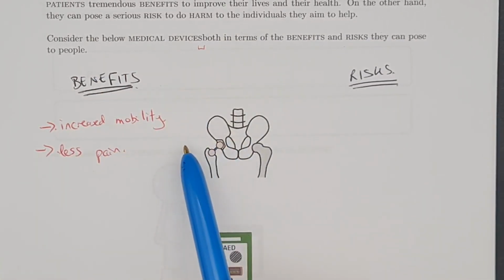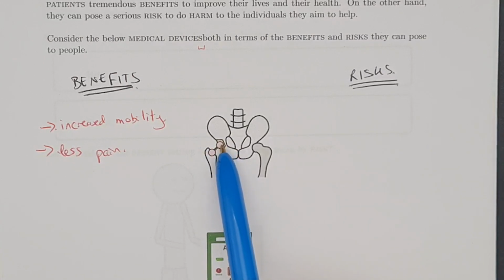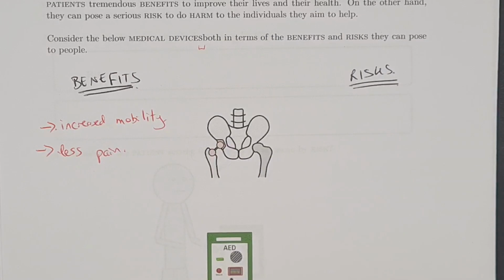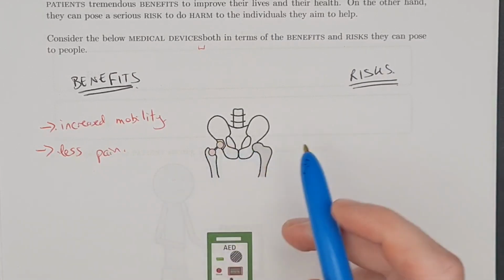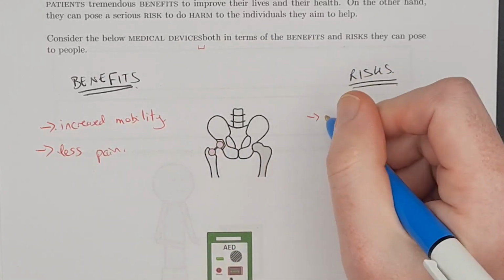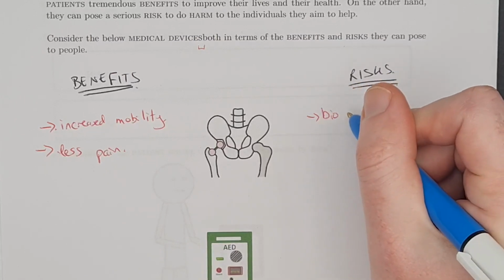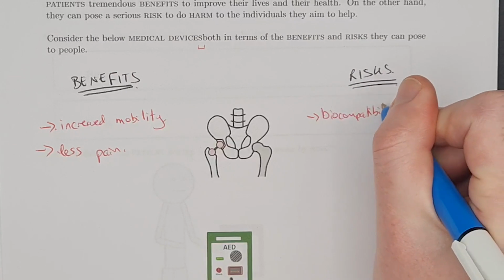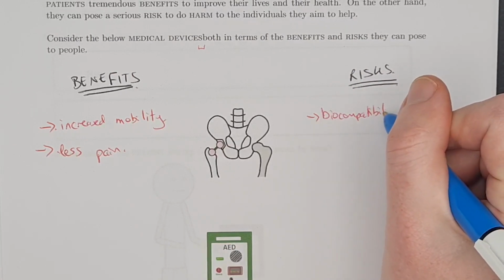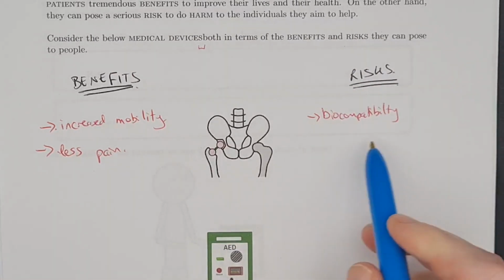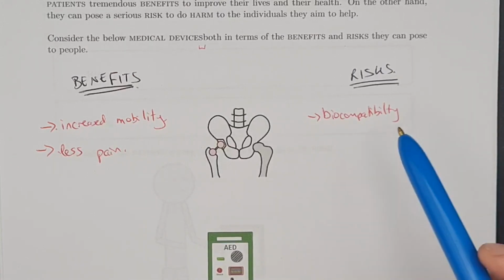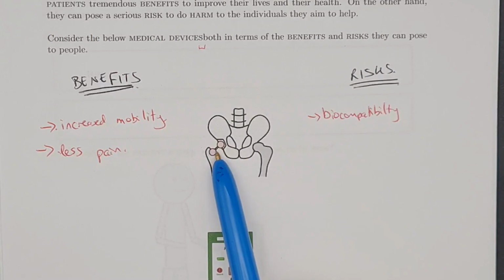On the other hand, hip implants, especially when things go wrong, can pose serious risks and do serious harms to patients. So we might consider here a hip implant poses a serious biocompatibility risk. When you consider something like a hip implant, it's not the same as other mechanical devices. This is going inside the body. Once you go inside the body, everything in our body, to a large degree, has been designed largely to protect us.